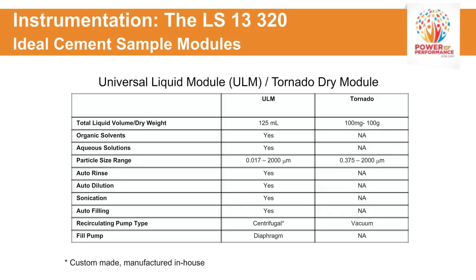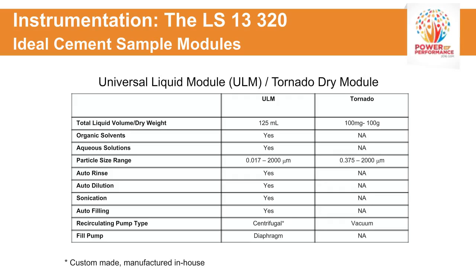It can work with aqueous fluids as well, but obviously in cement you're going to be running solvents if you're going to be running in the wet state. Depending on which optical bench one has, you can go as either 17 nanometers to 2000 or 0.375 to 2000, depending on which bench you have.